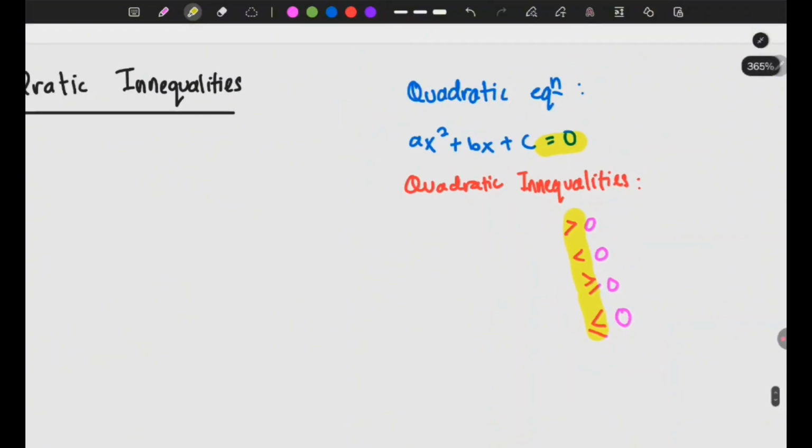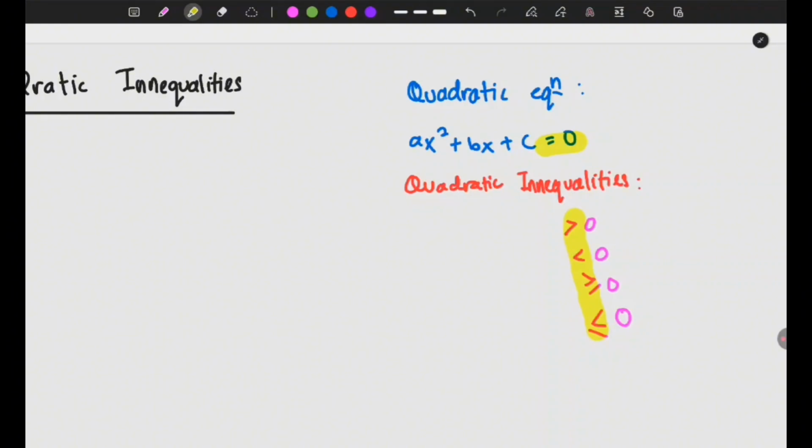So that's the difference. But the purpose is actually to find the value of x. That is the main thing you're doing in this quadratic equation, right? So the aim will never change, there's only a difference between the equation and the inequalities, the sign: more than 0, less than 0, equals, more and equals, less than equals.